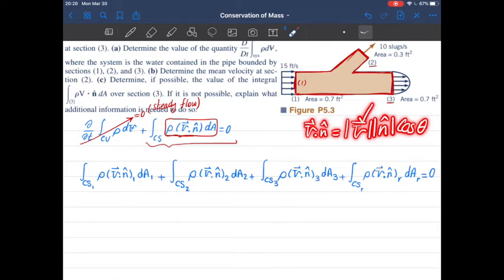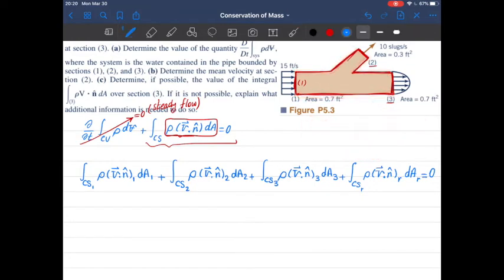But here we know that the velocity is equal to 0 at these surfaces. At all these surfaces the velocity is 0. So this integral will be equal to 0. So we only need to write the integration over the surfaces that are either inlet or outlet.